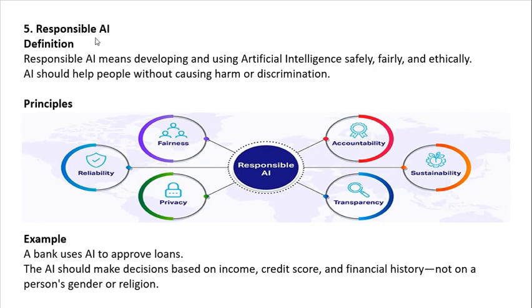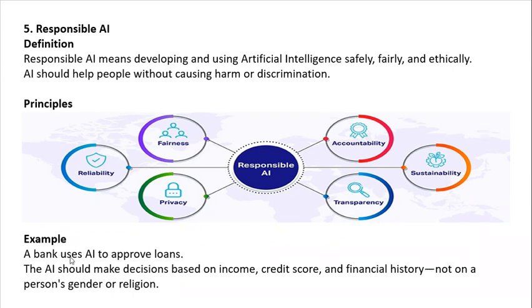Fifth is responsible AI. Responsible AI means developing and using artificial intelligence safely, fairly, and ethically. AI should help people without causing harm or discrimination. The principles are fairness, reliability, privacy, accountability, transparency, and sustainability.